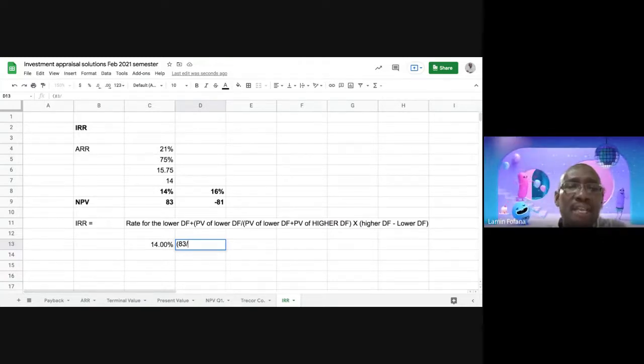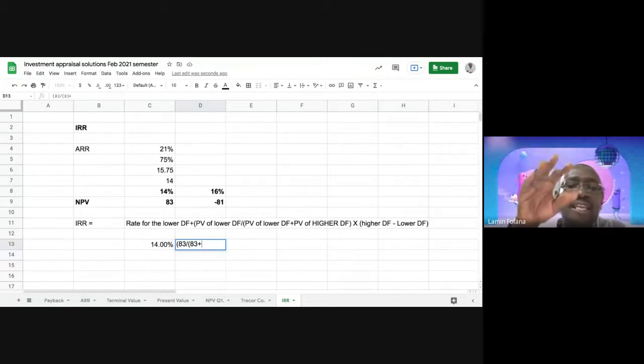So 83 divided by bracket opens, the present value of the lower DF again, that is still the same 83, plus, usually the sign of the present value of the higher DF, which is negative, is ignored.